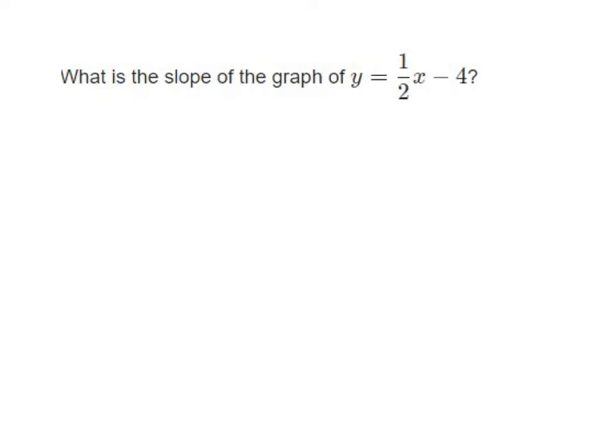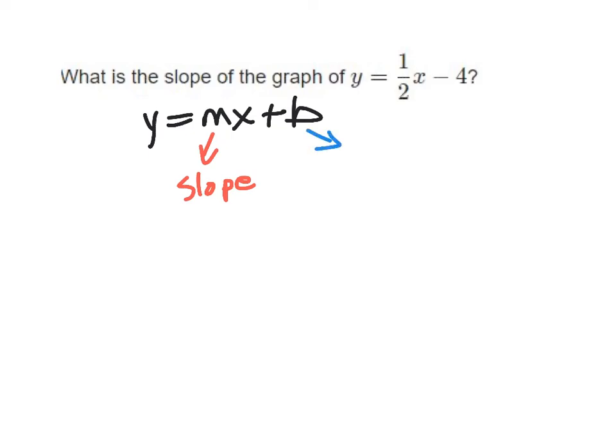And we also write that out as y equals mx plus b, where the m, or the coefficient in front of the x, is the slope, and then the b is the y-intercept, okay? But if this just asks for the slope, then the slope is very simply the 1/2. So the slope of this one, m equals 1/2.